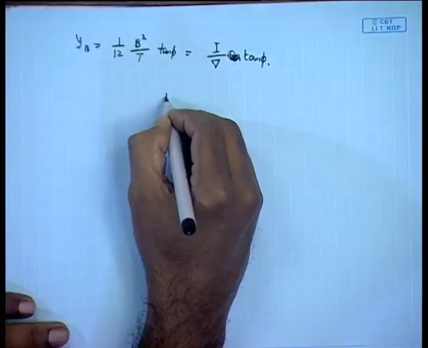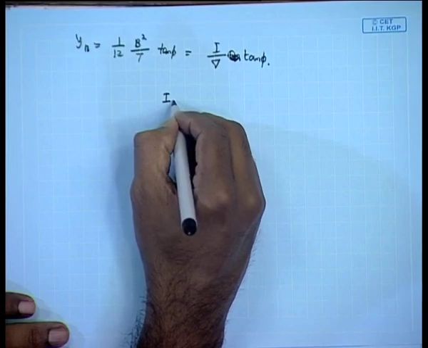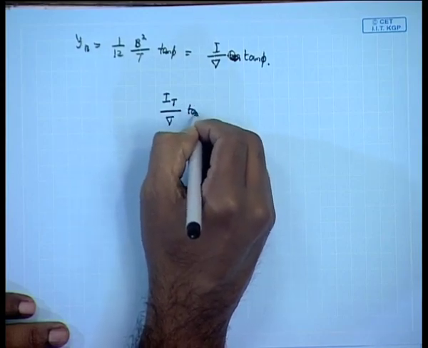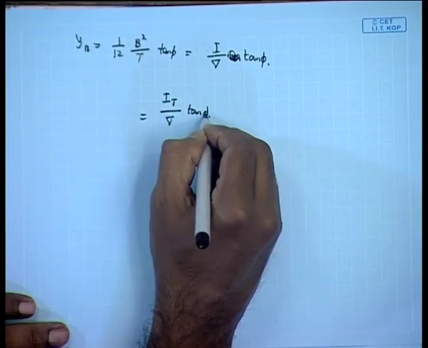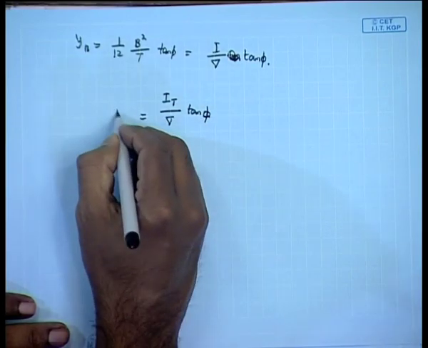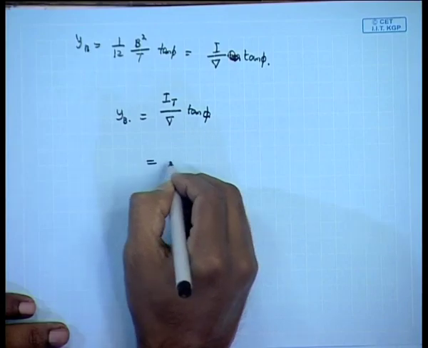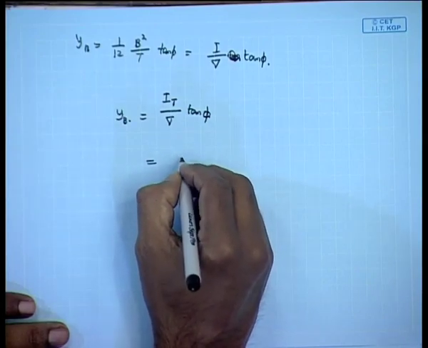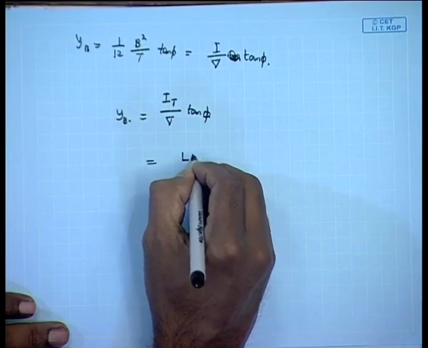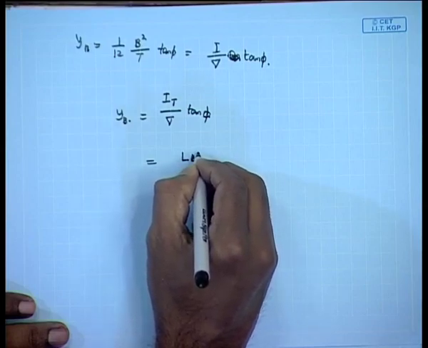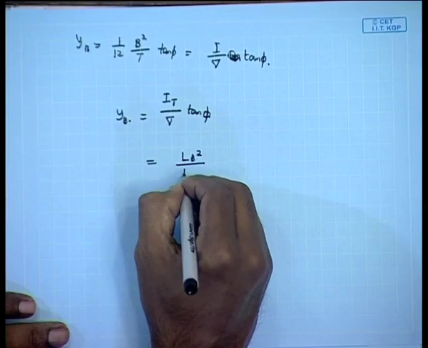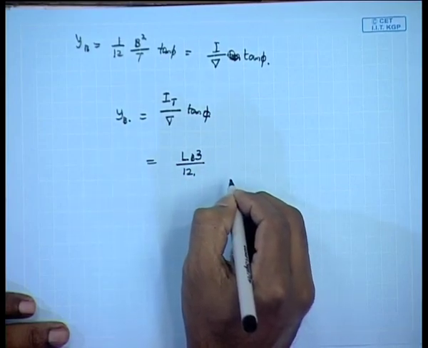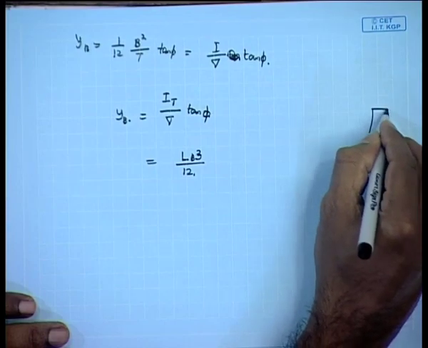So, I transverse divided by del tan phi is Yb. I transverse is equal to L b cube by 12 for a rectangle.